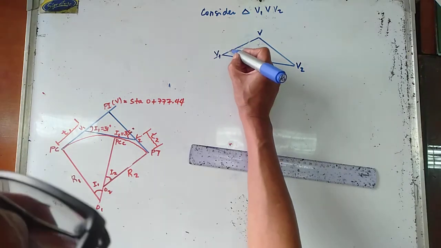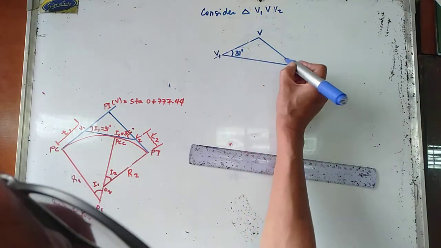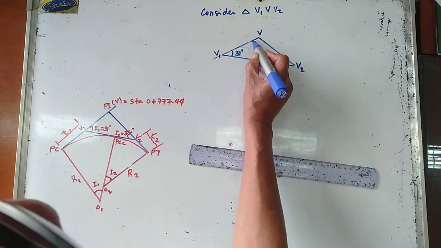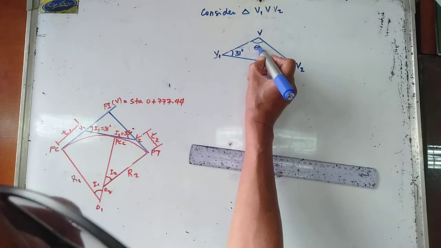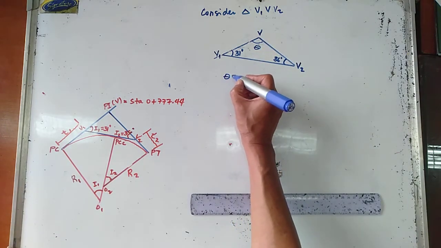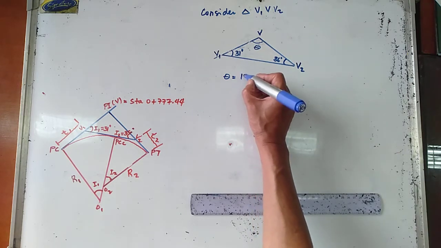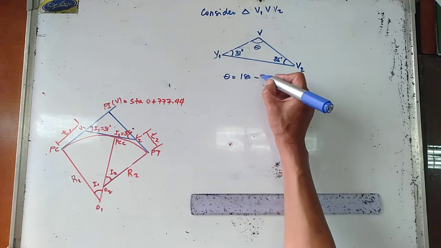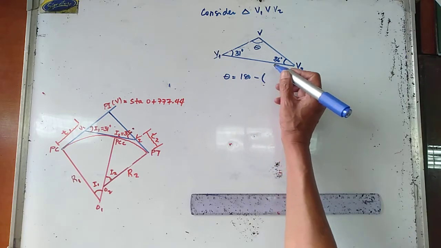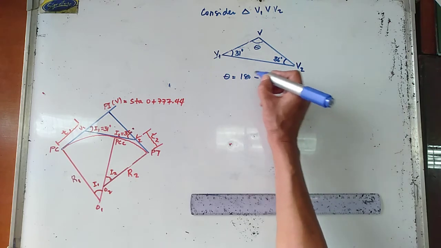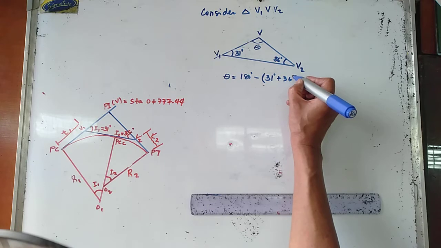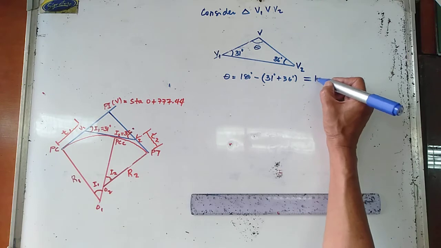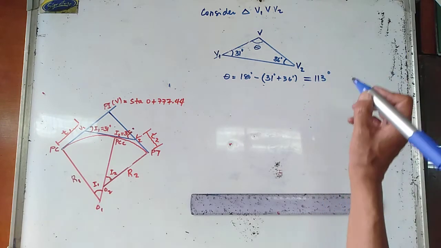I1 here is 31 degrees and I2 is equal to 36 degrees. We consider this angle as theta. Theta is equal to 180 degrees minus I1 plus I2, so 31 degrees plus 36 degrees. Hence, theta is equal to 113 degrees.